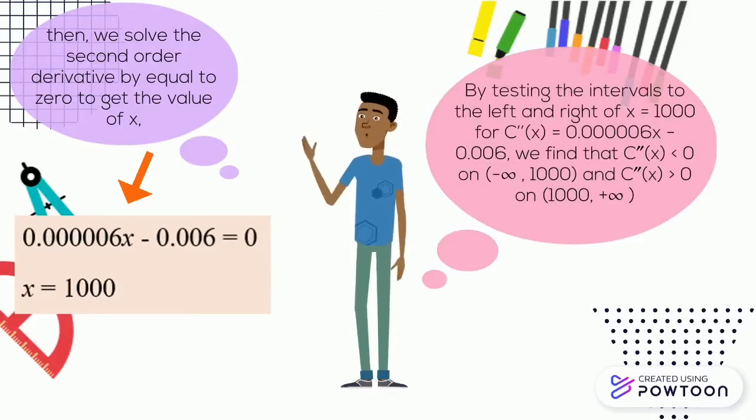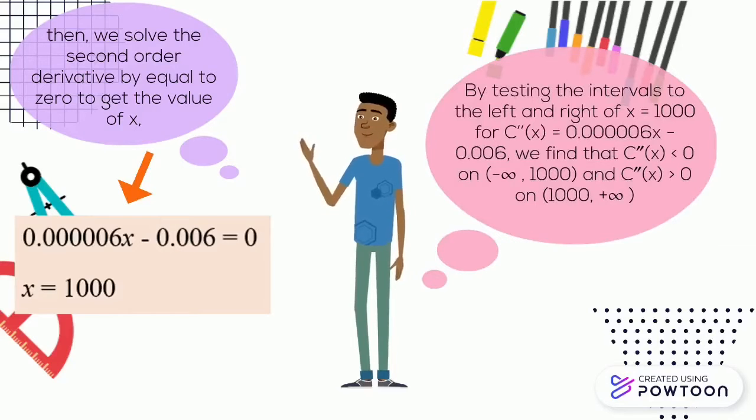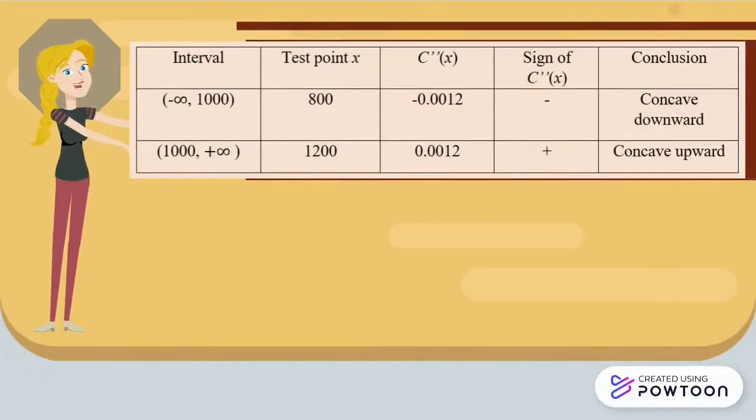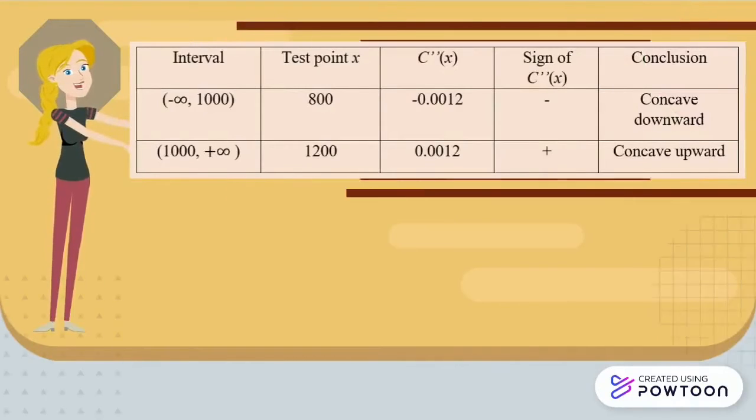By testing the intervals to the left and right of x equals 1000 for the second order derivative of the marginal cost function, we find that it is smaller than 0 on negative infinity to 1000 and bigger than 0 on 1000 to positive infinity.